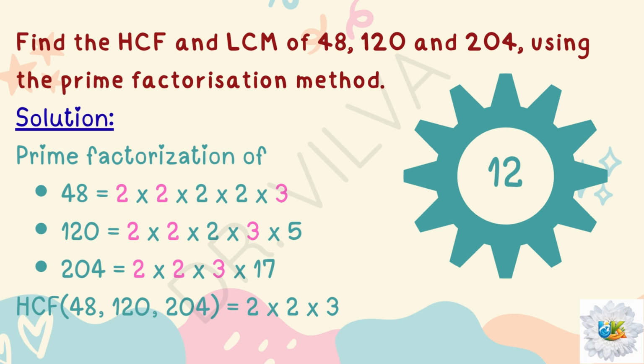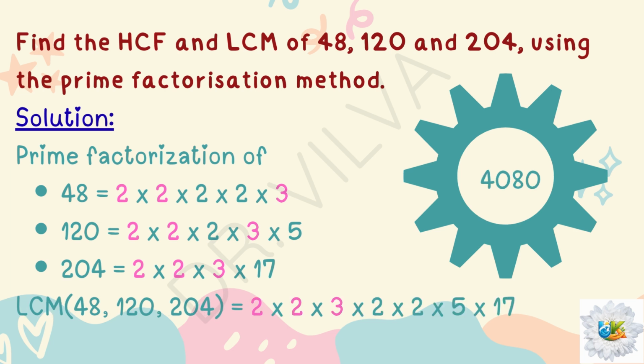By writing the prime factorization for each integer, the product of the common factors gives us the HCF, which is 12. The LCM can also be found using prime factorization by multiplying the common factors with the remaining unique factors.